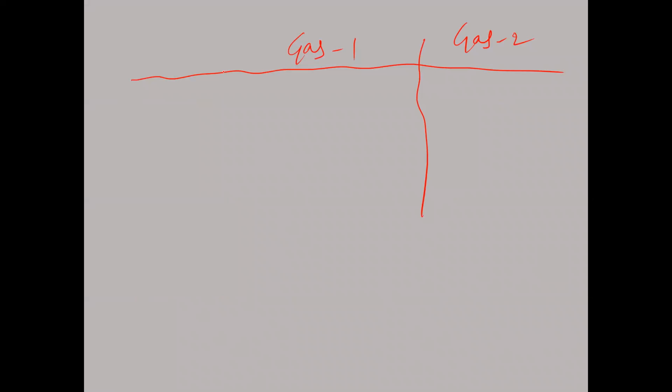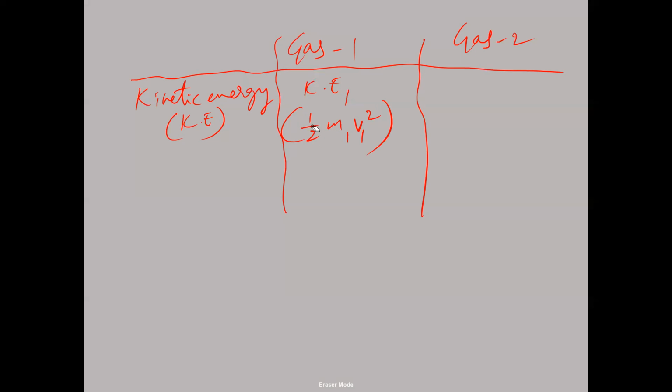Now, again I'm taking the same gas 1 and gas 2. For the first gas, kinetic energy. Kinetic energy KE1 is half m1 v1 squared. The kinetic energy formula is half m v squared.